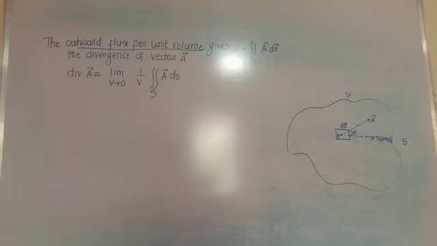Divergence of A is nothing but the volume flux density at the point, and it is a scalar quantity.